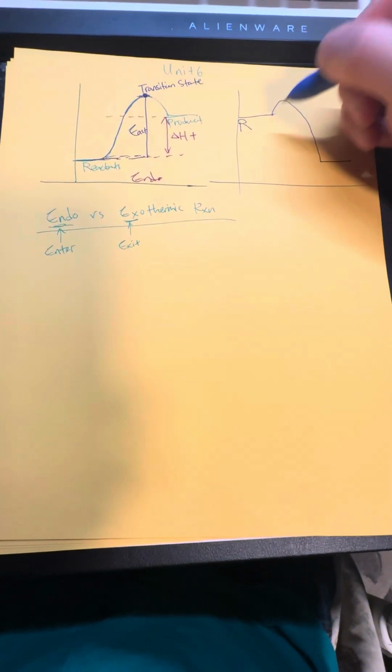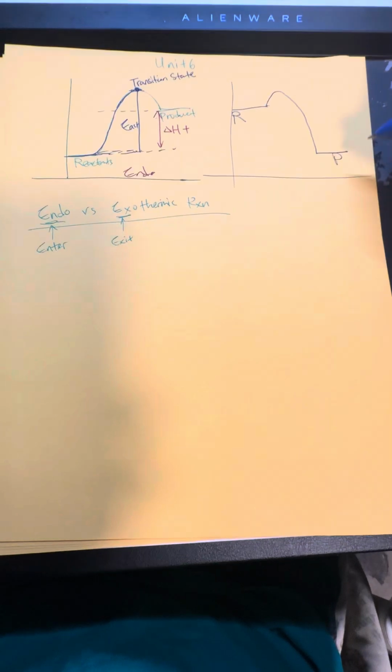So in this case, our reactant is still in the beginning, our product is still at the end, and our change of energy is still in between reactant and product. So this distance right here, that's how much energy this reaction has changed. It went from up here all the way down there. So this is a negative delta H.